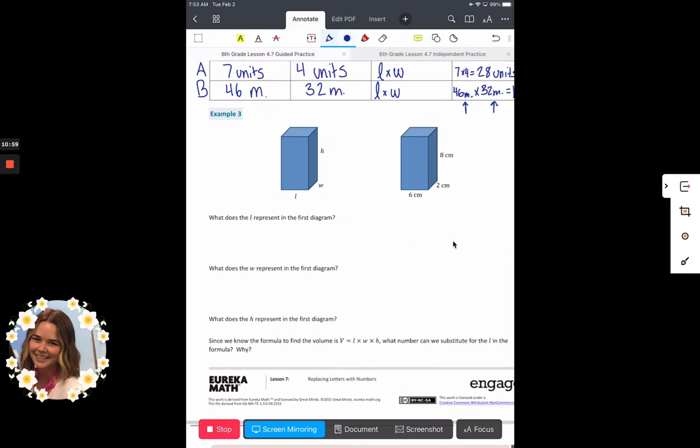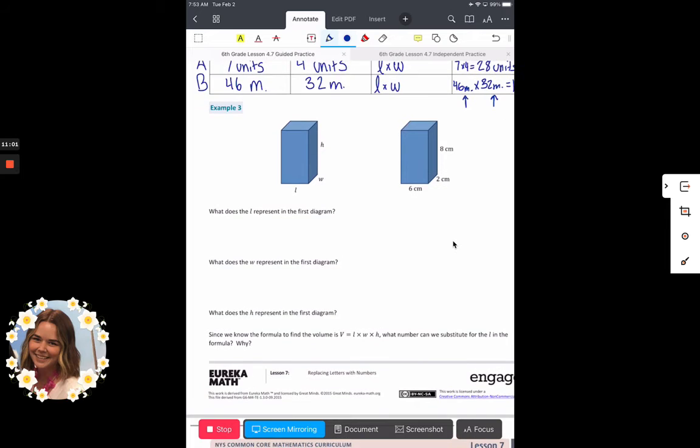Example 3, let's take a look here. So we have some three-dimensional shapes here. We have 3 questions that are asking about what these variables represent. And then the last question is talking about the formula for volume. So let's take a look here. We have L, we have W, and we have H. So L and W are both variables that we used before.